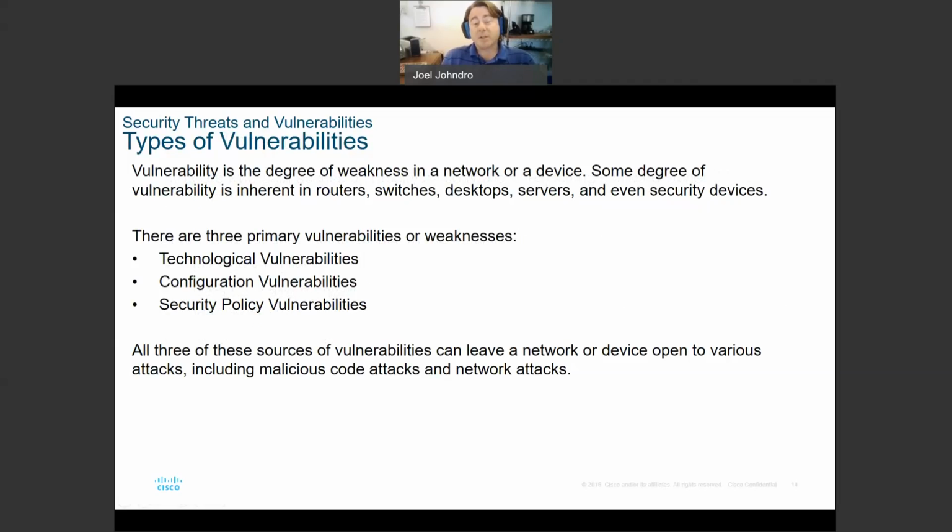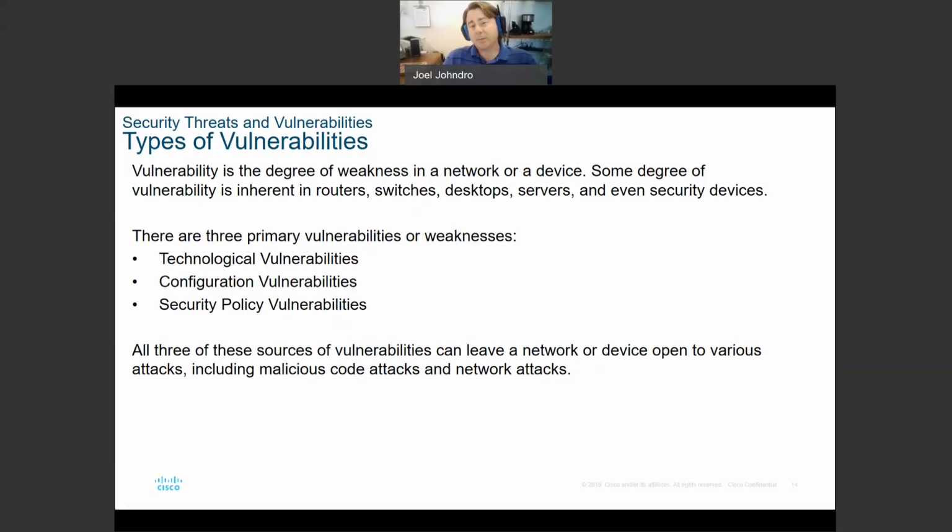Your operating system: an operating system that has not had its security updates kept up to date would be considered a technological vulnerability. Network equipment in general, any intermediary devices such as routers, switches, and firewalls, if any of those are compromised, that would be called a technological vulnerability.